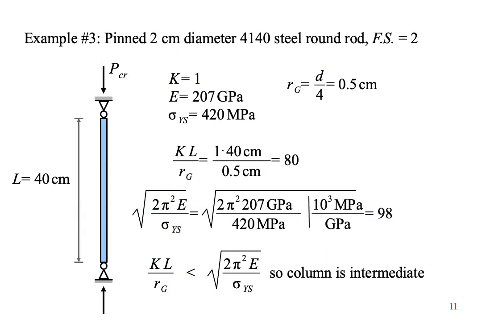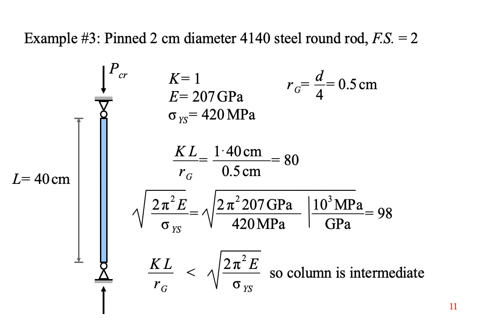Let's look at an example. Here's a 2 centimeter diameter round rod made of 4140 steel. It's 40 centimeters long. We'll use a factor of safety of 2. KL over R sub G is 80, and the square root of 2 pi squared times Young's modulus over yield strength is 98.